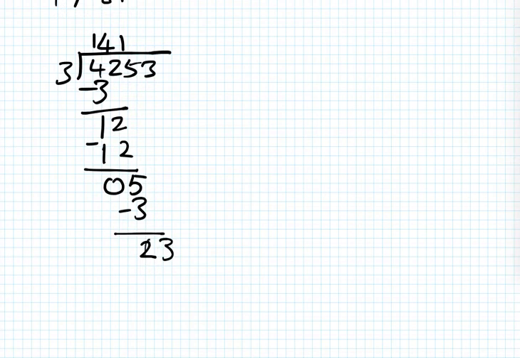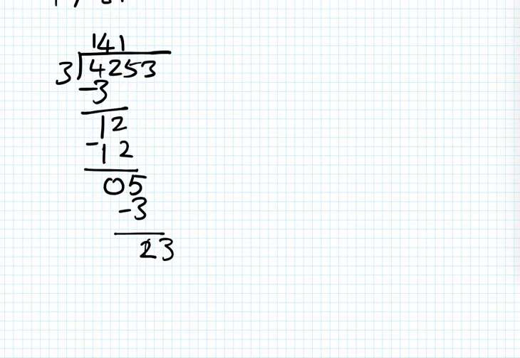Then you say the 3 times tables again, same story, until you get as close as possible to 23. We can't use 8 times 3, which is 24, because it's greater than 23. The next closest number is 7.